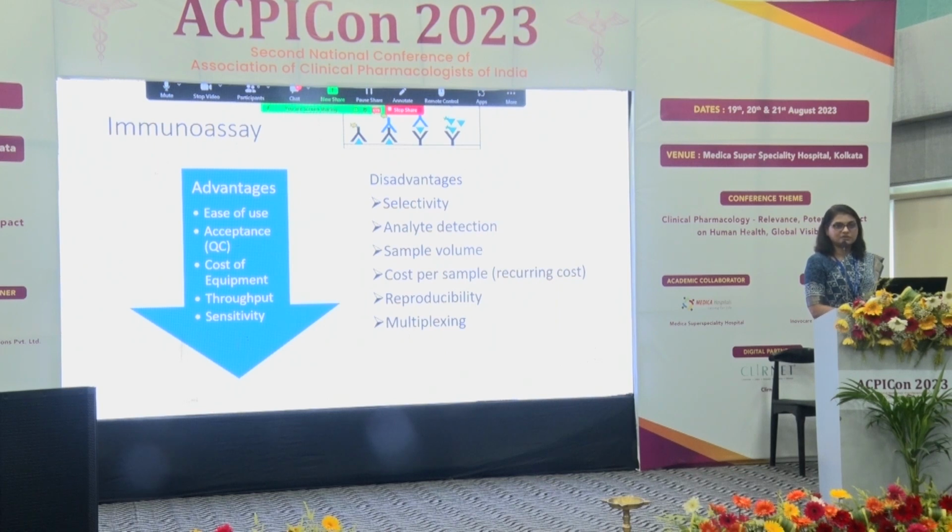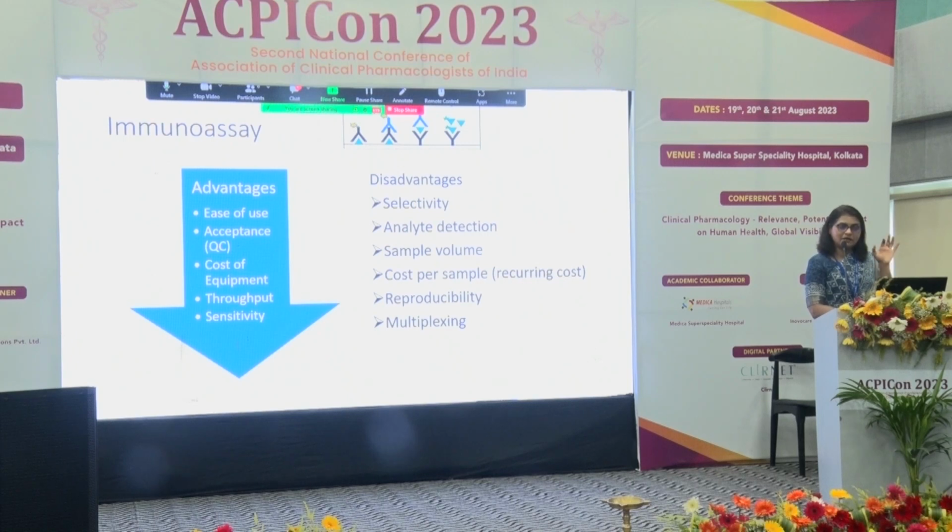If you're using an open-ended system, when you buy a kit from a third party, then the onus of accuracy is actually on you. Alright? So we all end up using the closed systems. Therefore the cost per sample is high. So even if the equipment cost is low, the cost of analysis of each sample is high.